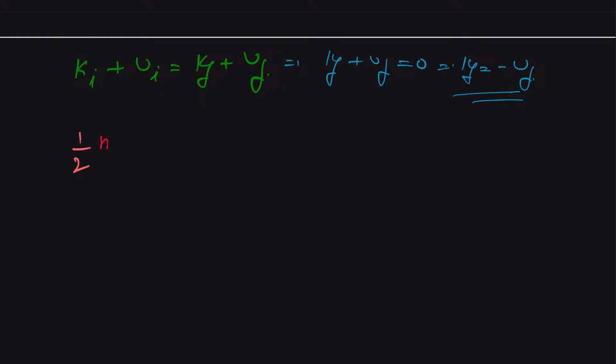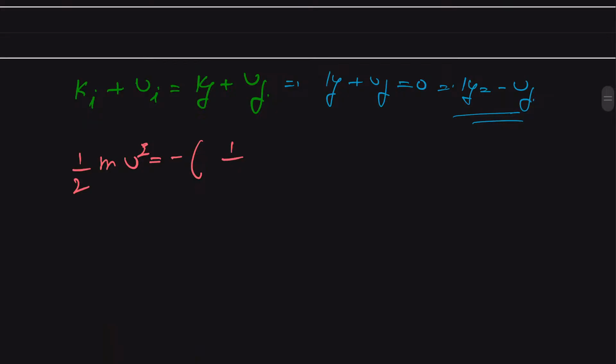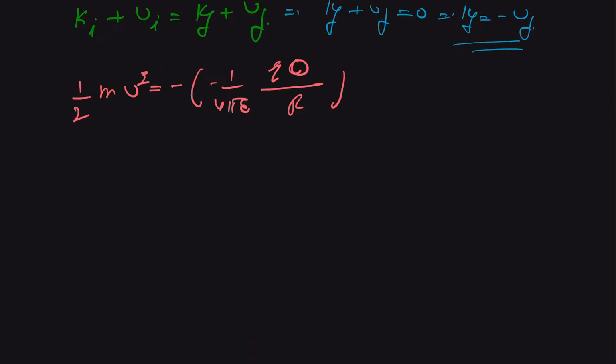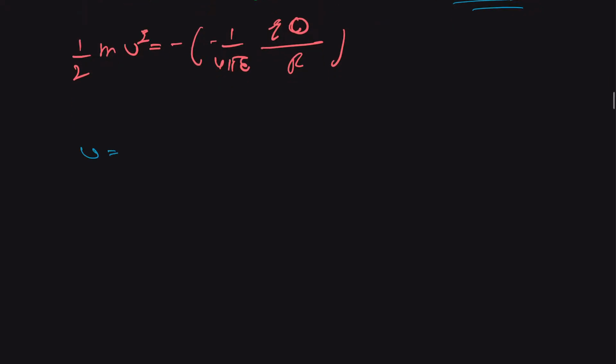So this comes as half mv square equal to minus 1 upon 4 pi epsilon naught times q into Q by r, and therefore we can write that the velocity at the center will be equal to the square root of 2 upon m times capital Q q upon 4 pi epsilon naught r.